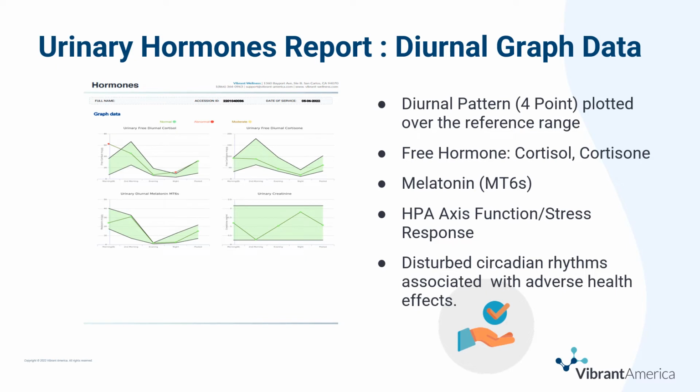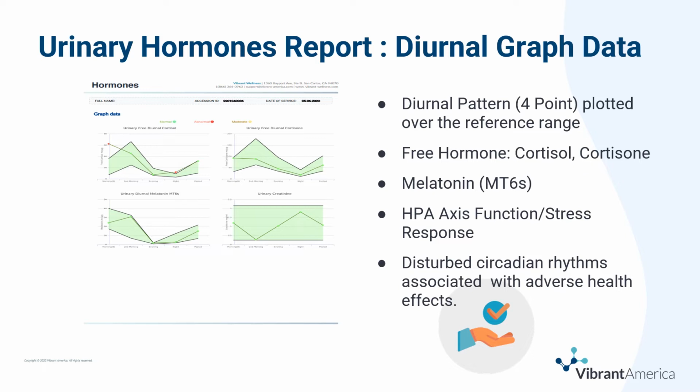Under certain physiological, biochemical, environmental, or stressful circumstances, the pattern may change. The HPA axis with cortisol as its final output may be activated or suppressed. Pineal output of melatonin may shift, and you can see this reflected in your patient's diurnal values for these hormones.